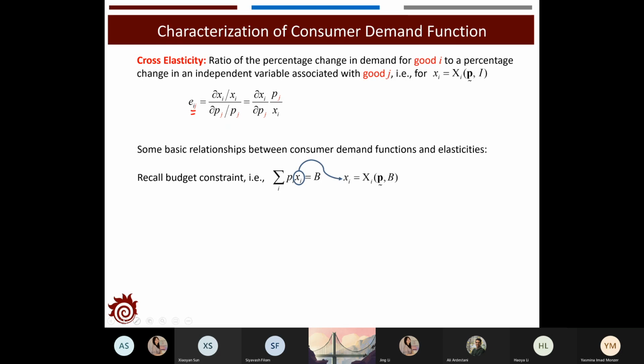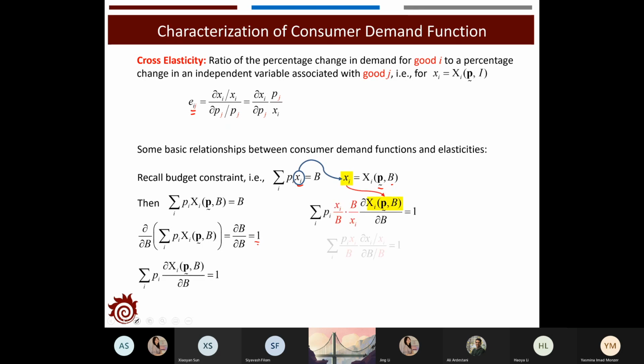In the budget constraint, we know that the amount xi is a function of the price and also the budget. If we put it there, we can find the first order derivative with respect to the budget. On the right side, the budget is constant, so the value is always 1.